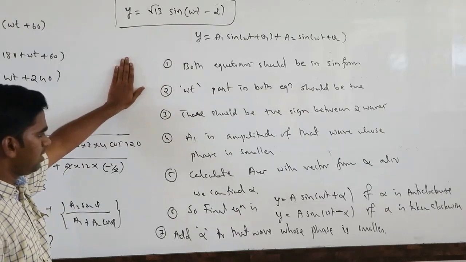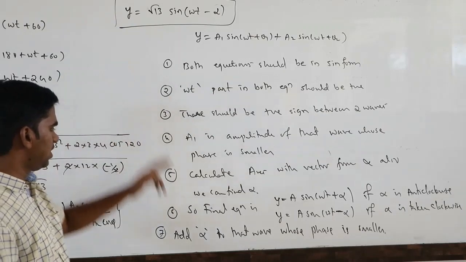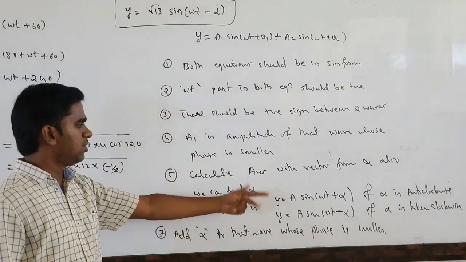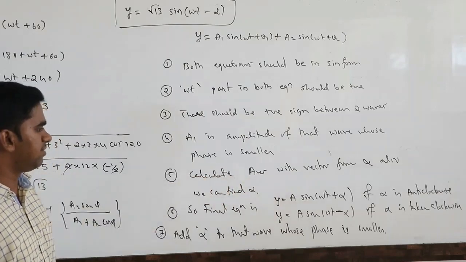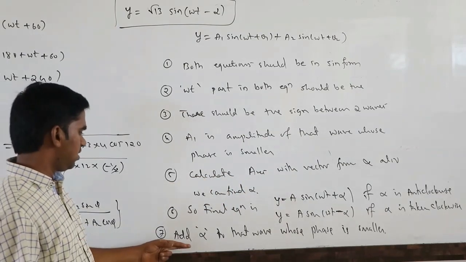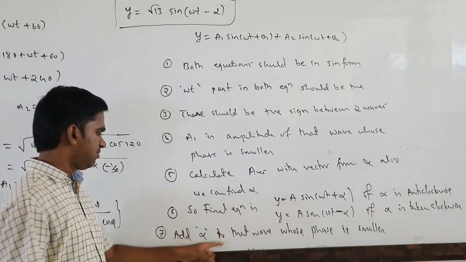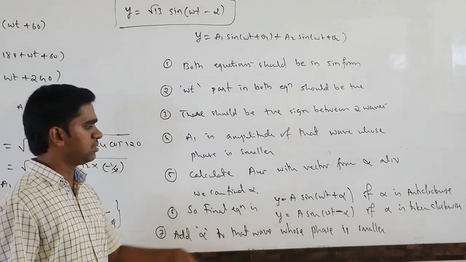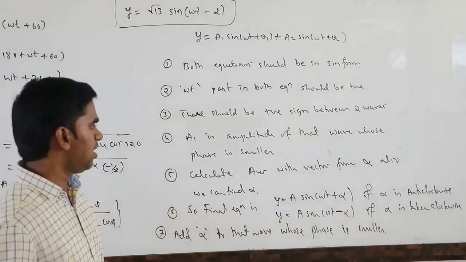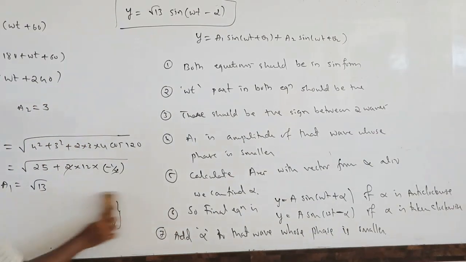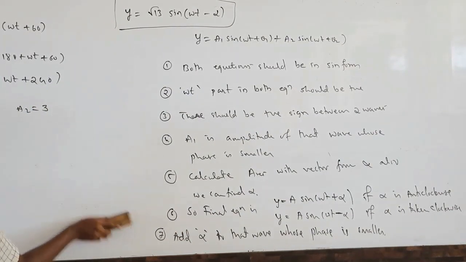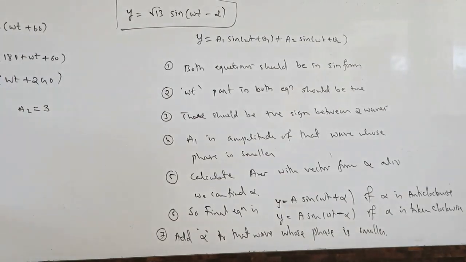Then fifth, calculate the resultant wave with the vector form, and there we also get alpha. The final equation is a sin omega t plus alpha if alpha is anti-clockwise, and a sin omega t minus alpha if alpha is clockwise. Then how do we add the alpha? Add alpha to that value whose phase is small. So this is how we can find the final resultant wave equation when they give a combination of waves.